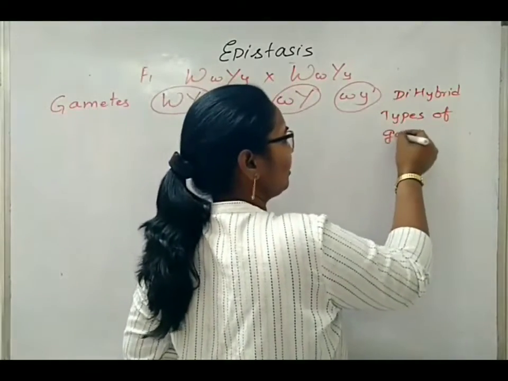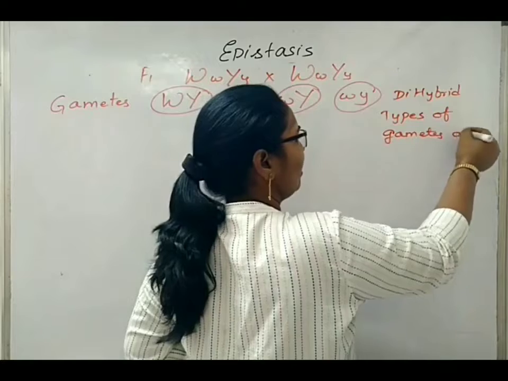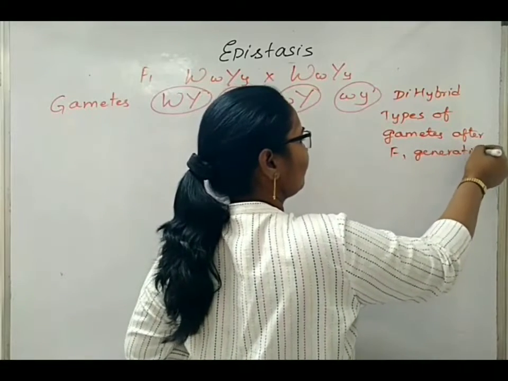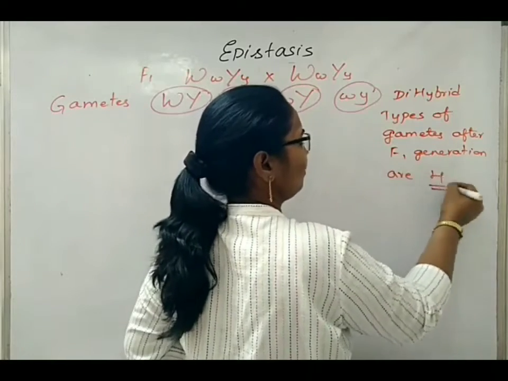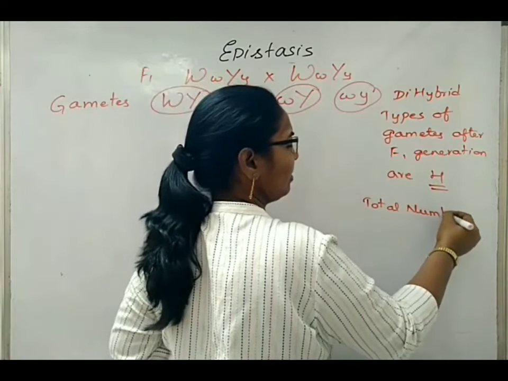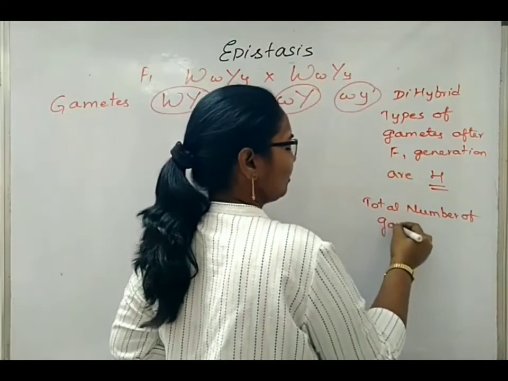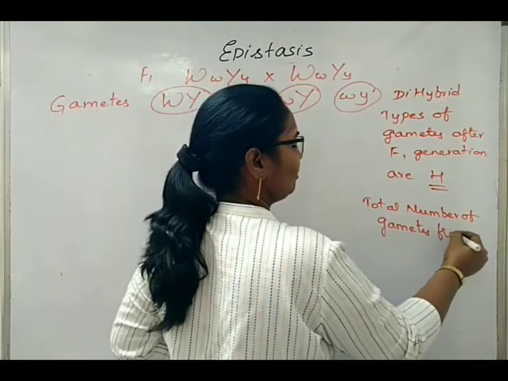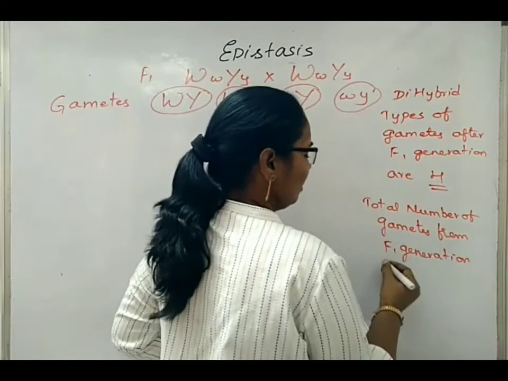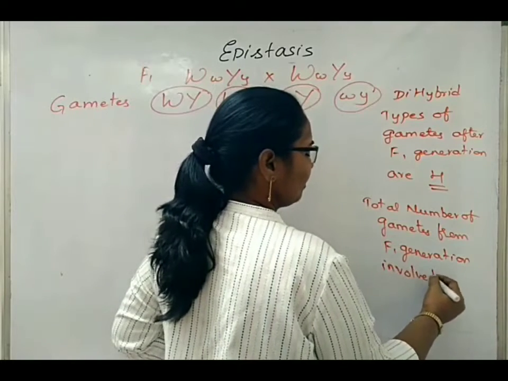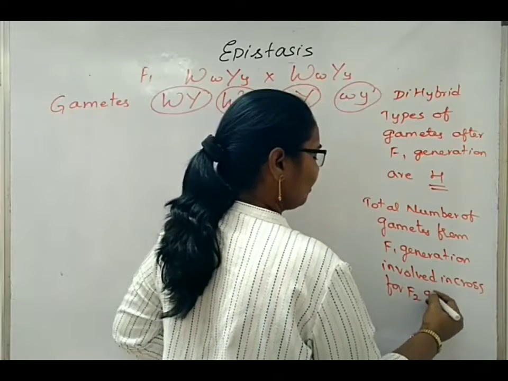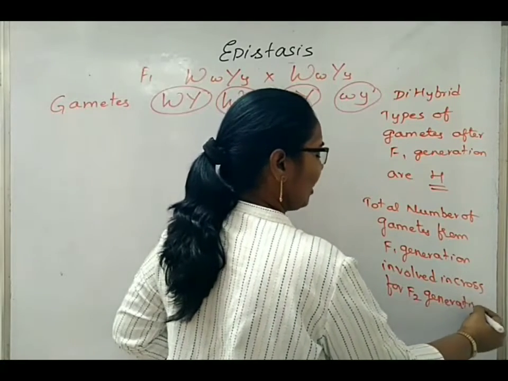So the types of gametes after the F1 generation are 4. Now, the total number of gametes from the F1 generation involved in the cross for the F2 generation, the answer is 8.